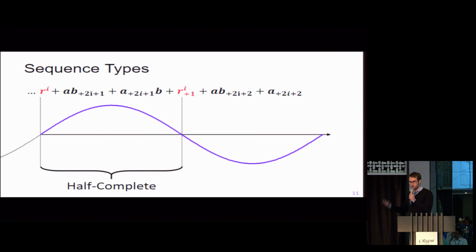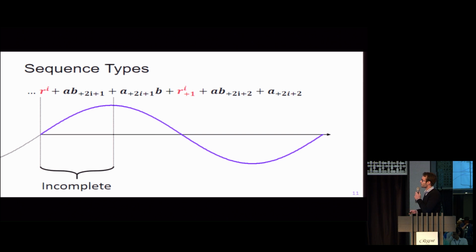If we only absorb 2 terms, then we call this a half-complete sequence, and for this we will either use the domain-oriented masking compression, or for the case that D is equal to 2, we use Belaïd et al.'s optimized solution. And finally, if we only absorb 1 term, then we call this an incomplete sequence.